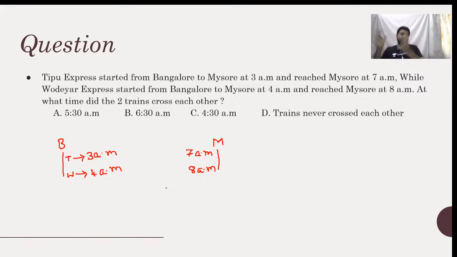The time when Tippu Express is at a particular point, Wodeyar Express will reach the same point after 1 hour. So at any point between Bangalore and Mysore, this is what happens. Therefore, Tippu and Wodeyar Express cannot meet each other. My answer is option D, which says the trains never crossed each other.